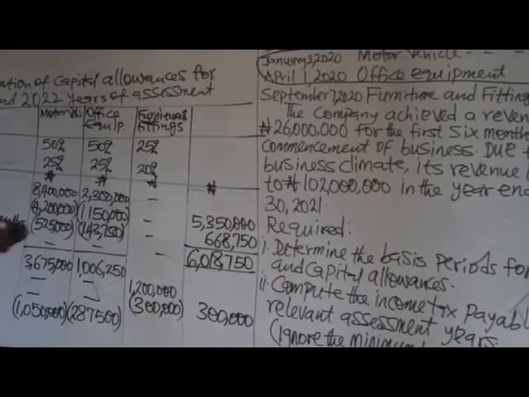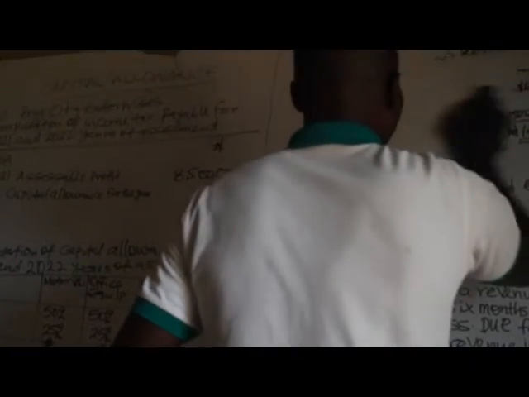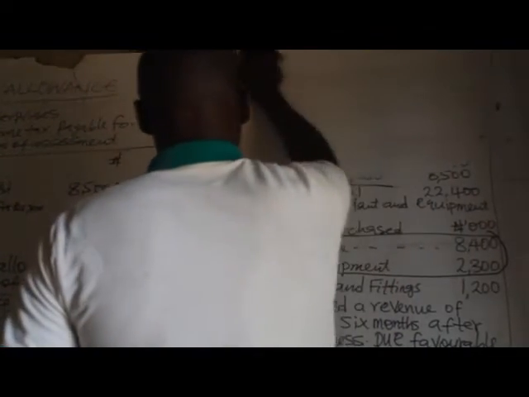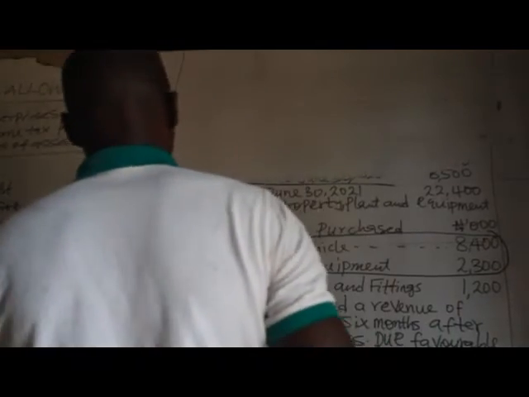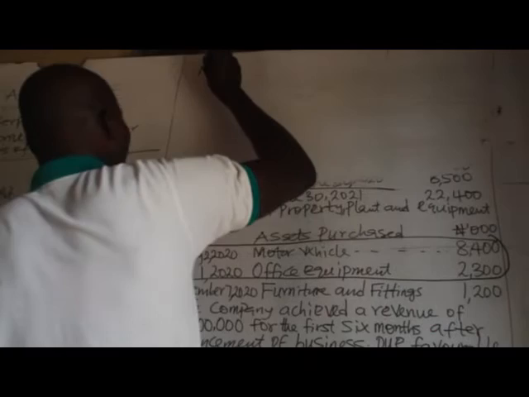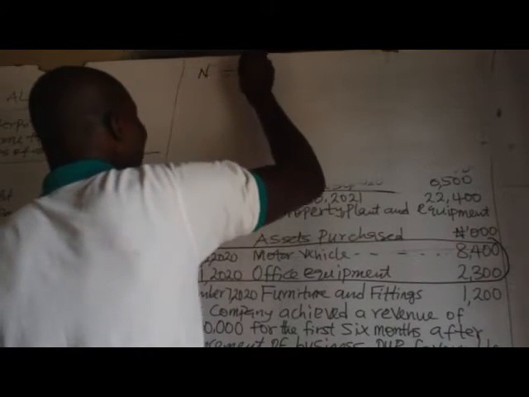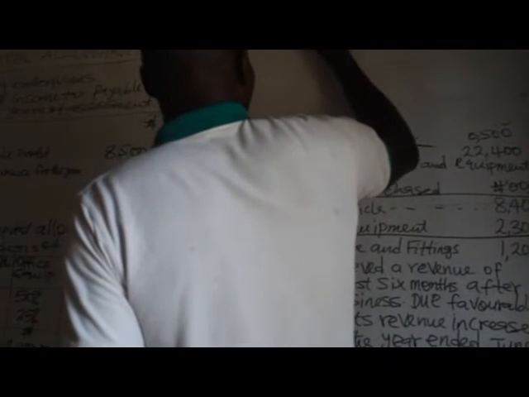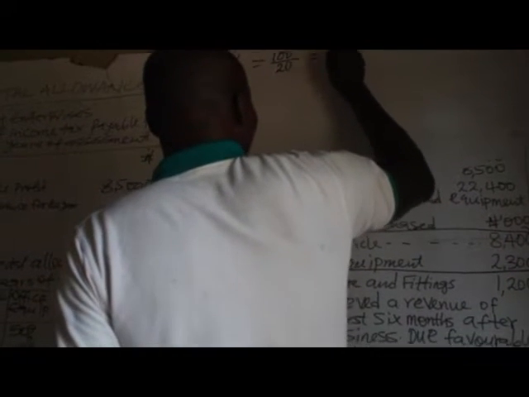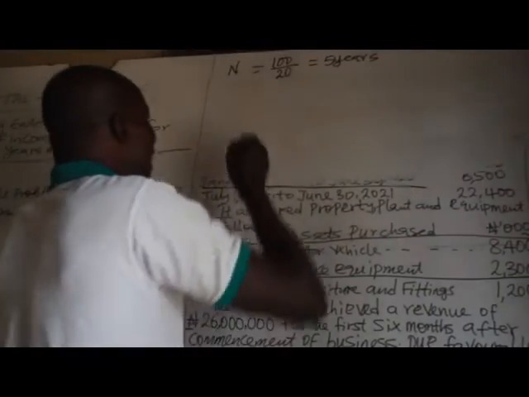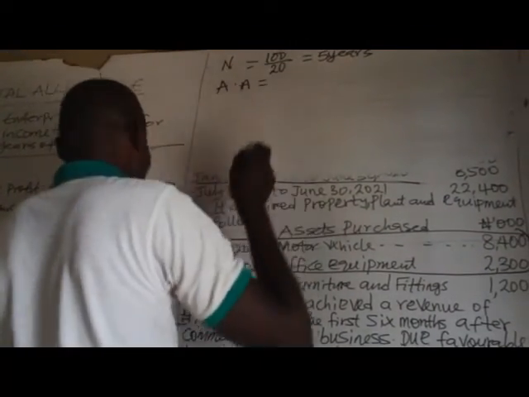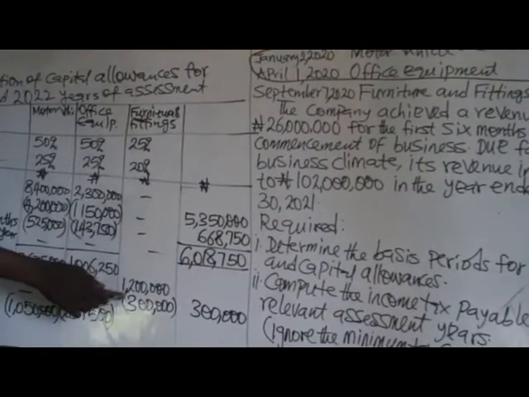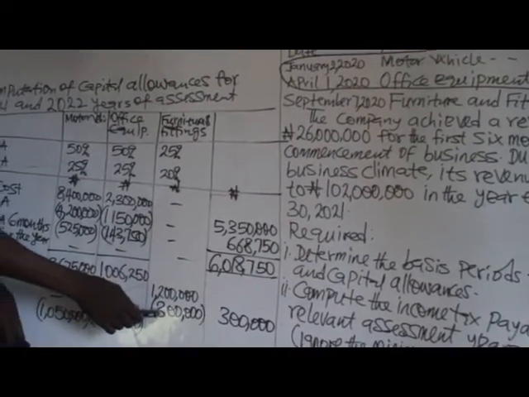Then you are left with furniture and fittings. You have not claimed annual allowance on furniture and fittings previously, so you are claiming that for the first time on that asset. Therefore, let's compute the useful life of furniture and fittings. Since the annual allowance rate on furniture and fittings is 20%, we have 100 divided by 20. That means furniture and fittings is expected to last for 5 years. Then annual allowance on furniture and fittings: the cost is 1.2 million, and initial allowance is 300,000.